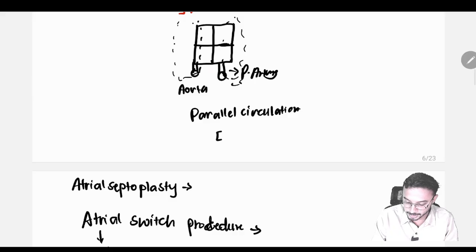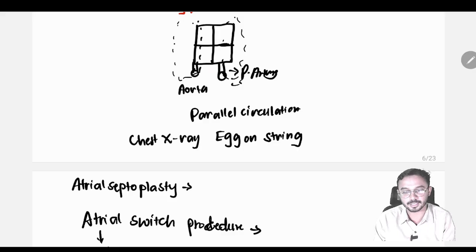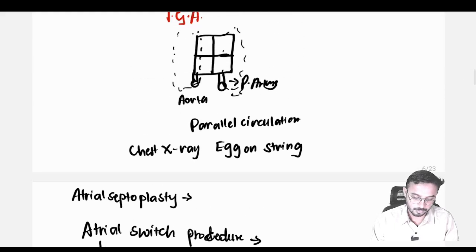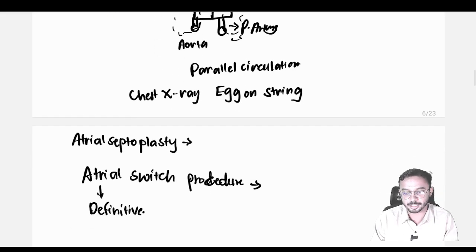So what kind of X-ray will you find in TGA? Egg on string. Okay, this is a chest X-ray finding. I will be showing all the chest X-rays in my next session. So let's move to the treatment over here. What you are going to do is PGE1 infusion I should give.